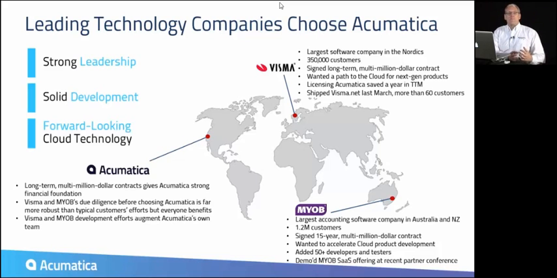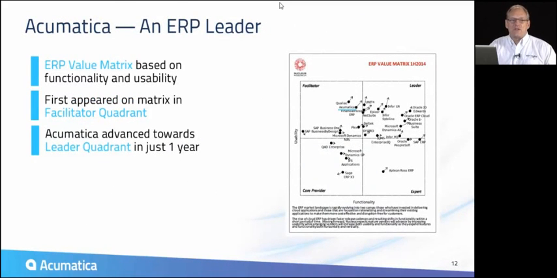So we get a multiplier effect as a result of having those organizations to work with. And then, of course, what they are building on and we're building on together is our forward-looking cloud technology. So all of these things hopefully come together to give you a feeling of confidence about what Acumatica is doing and what we're focused on.